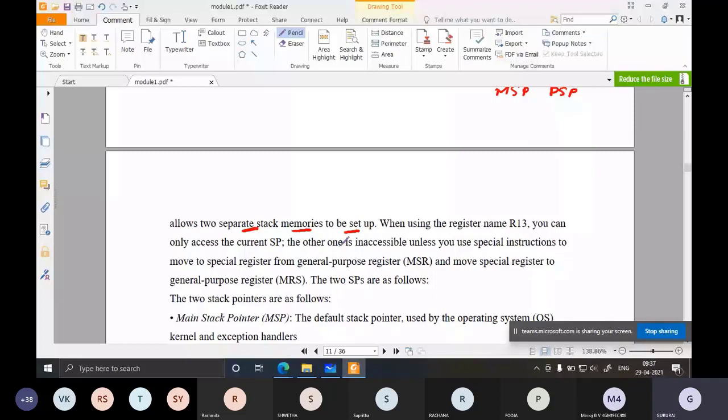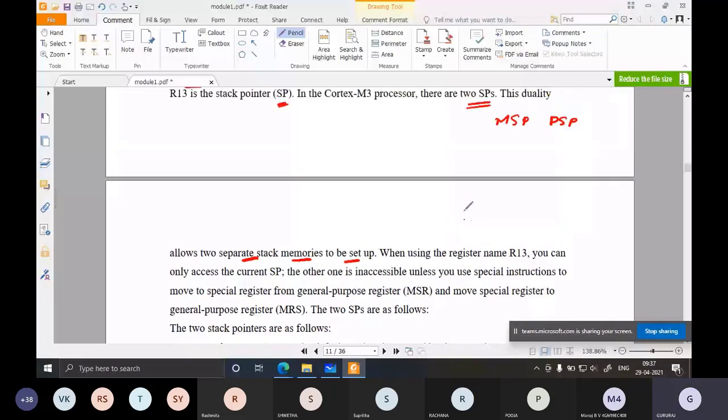What is the use of this? This will allow safety, so that stack corruption can be avoided. That is why two stacks and two stack pointers are used.